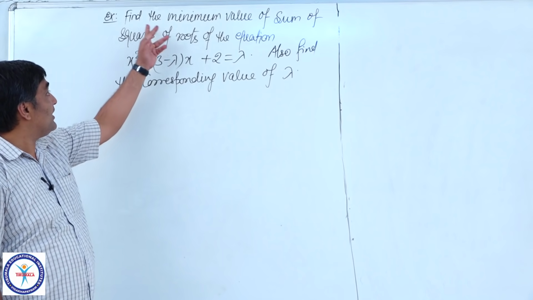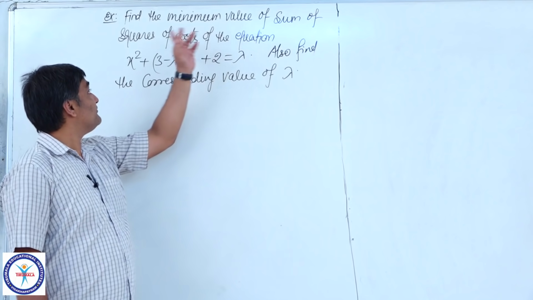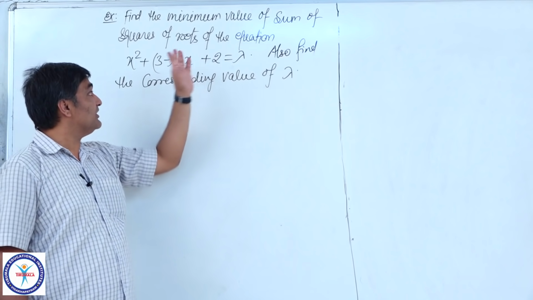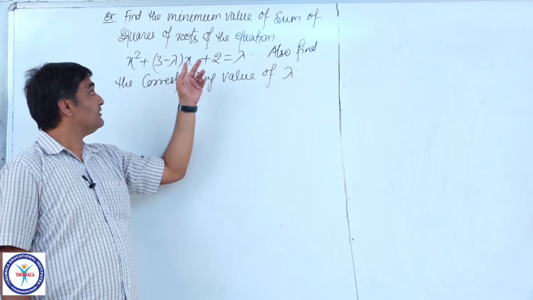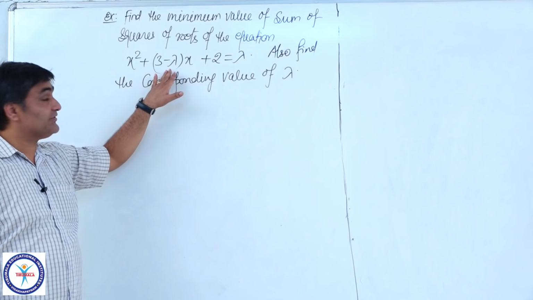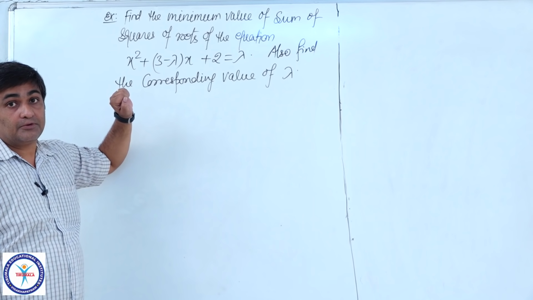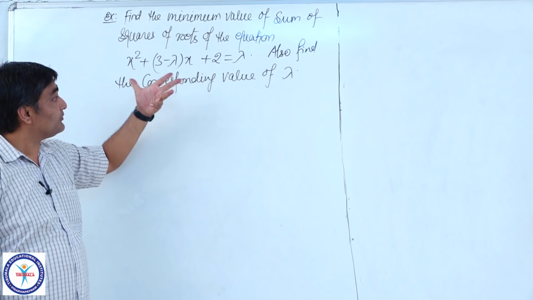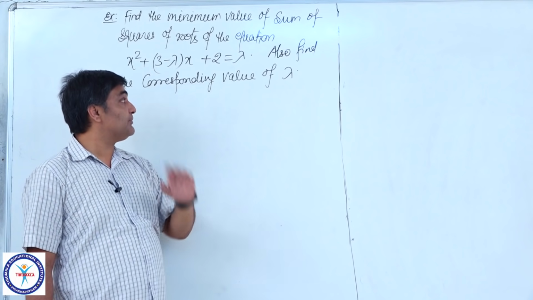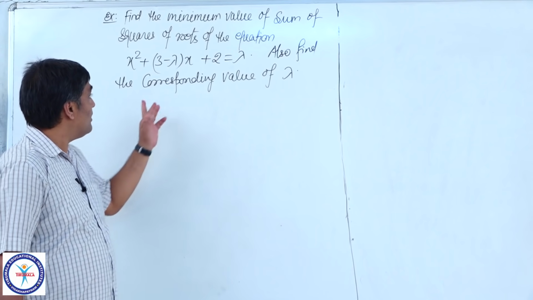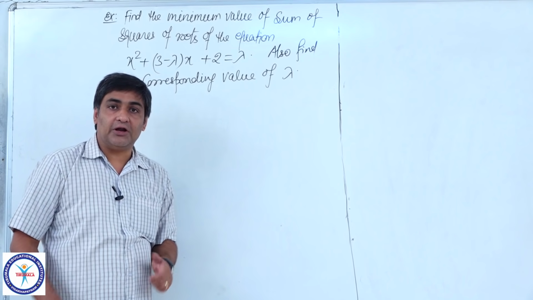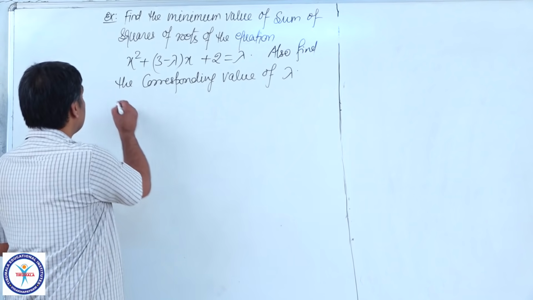Another example, find the minimum value of the sum of squares of roots of the equation. See, the roots of the equation will depend upon lambda. So, find the minimum value of alpha square plus beta square, and also find the corresponding value of lambda.